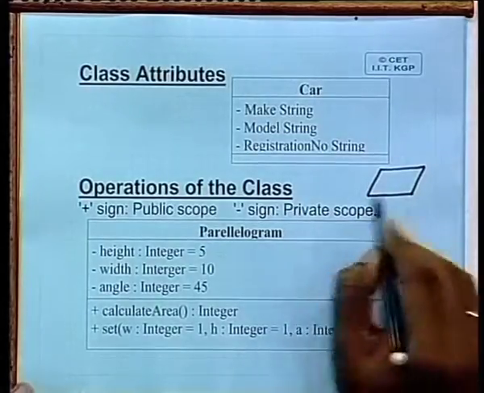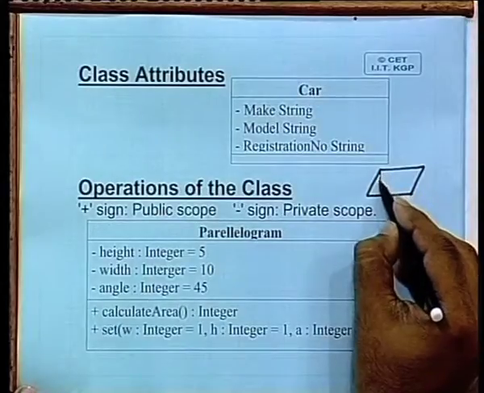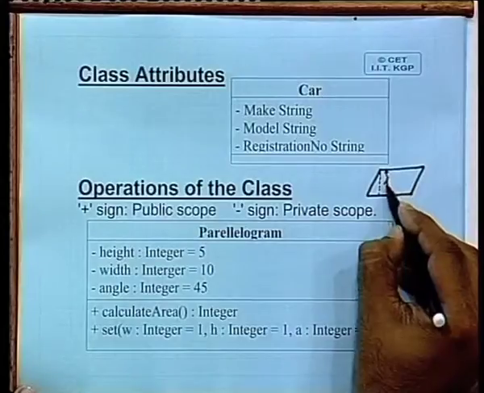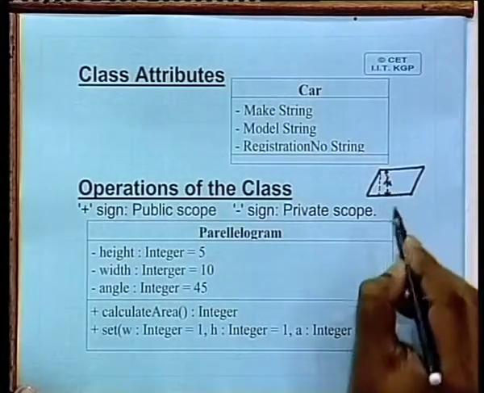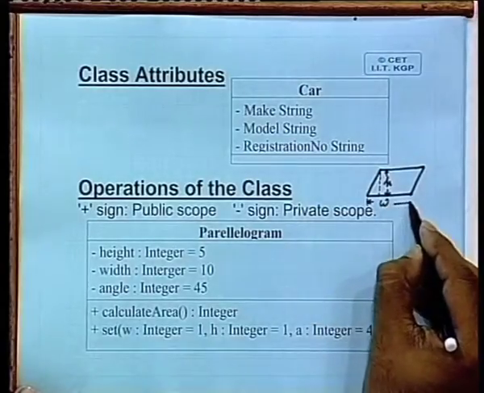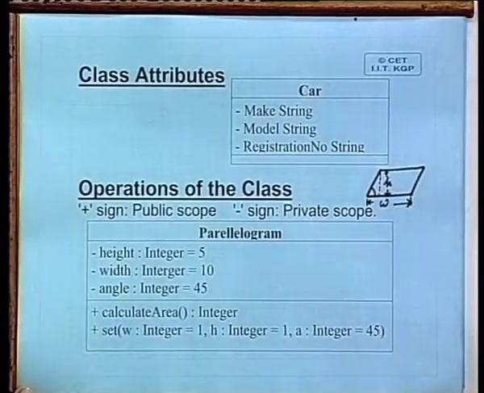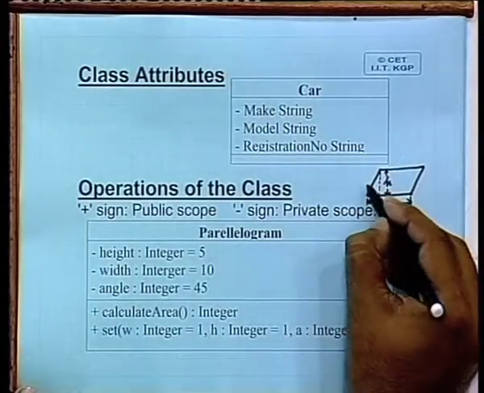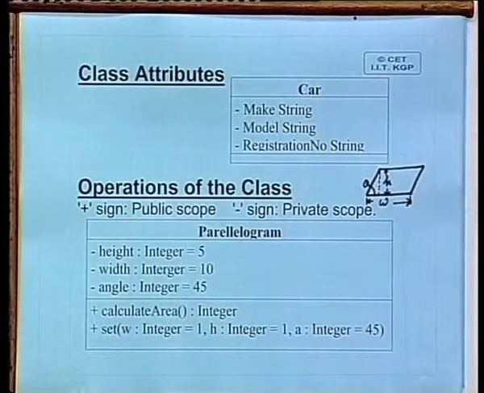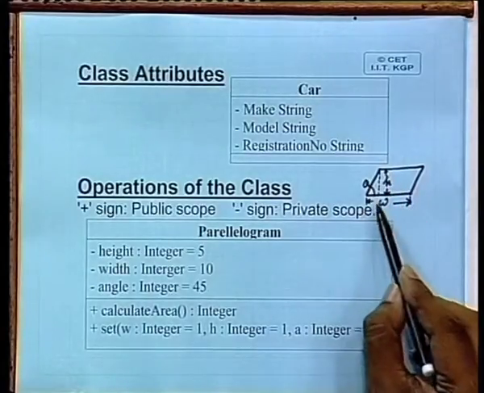In this parallelogram we have to have a height, say this is its height, then it has its width, and you have to define an angle. So, a parallelogram probably can be explained in terms of its height, its width and the angle.